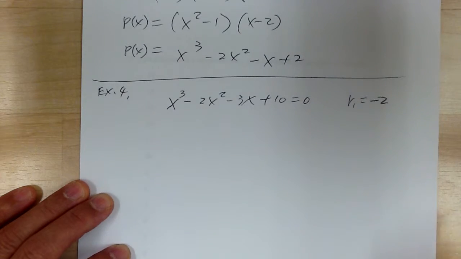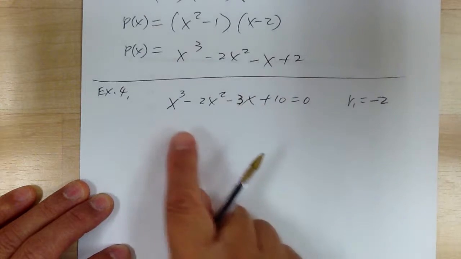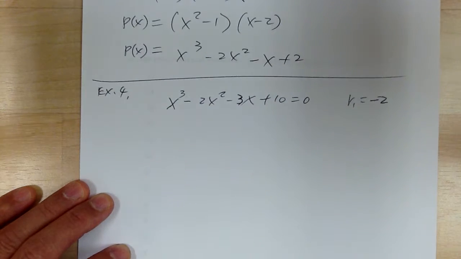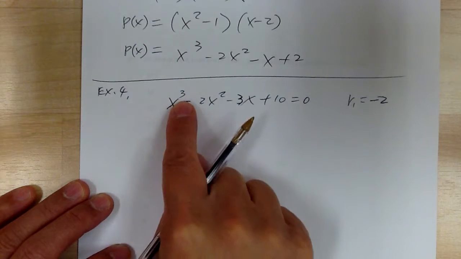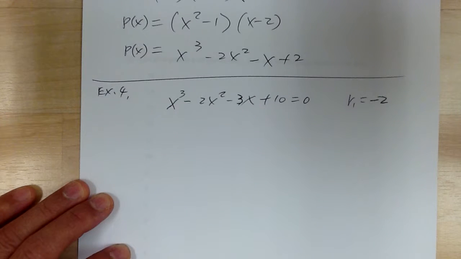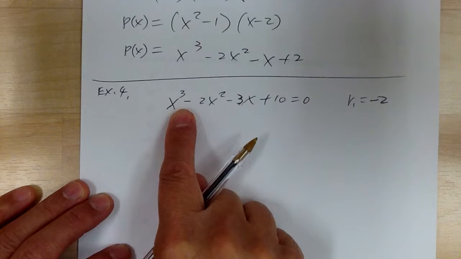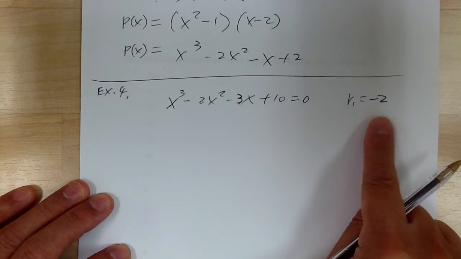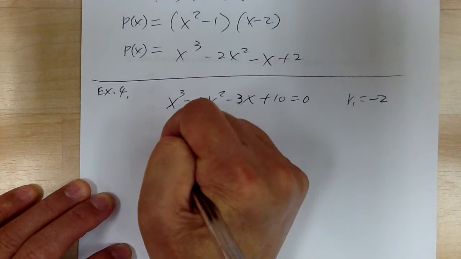If it's a factor or root, it means you can divide exactly. So you don't have a formula to solve for the cube, so you want to lower it down to square, then you can use quadratic formula or factoring. You learned how to solve the quadratic equation before, but you don't know how to do a cube yet. So you want to lower these things down. So that's going to use synthetic division.